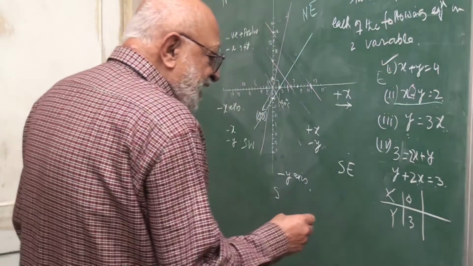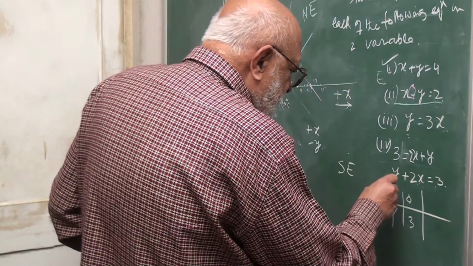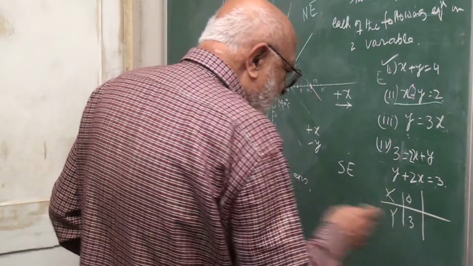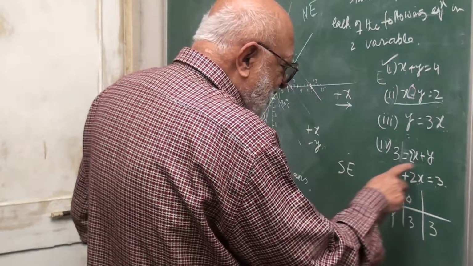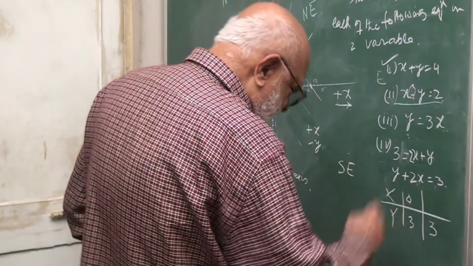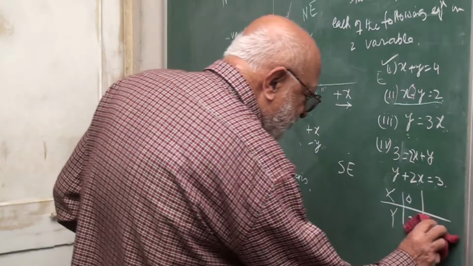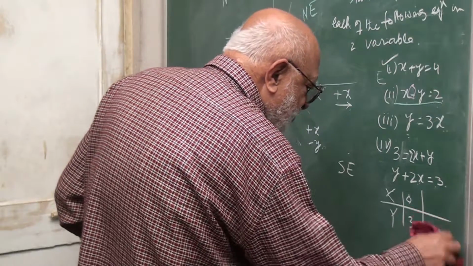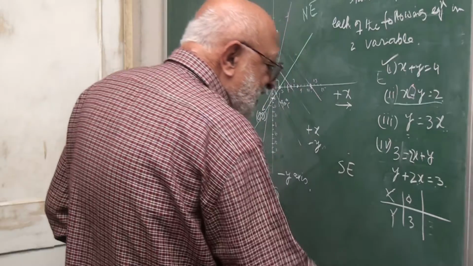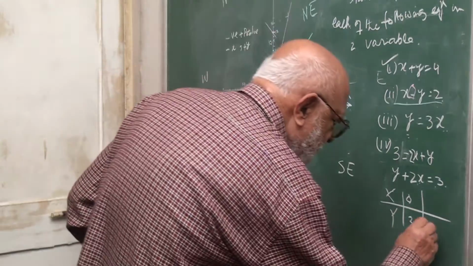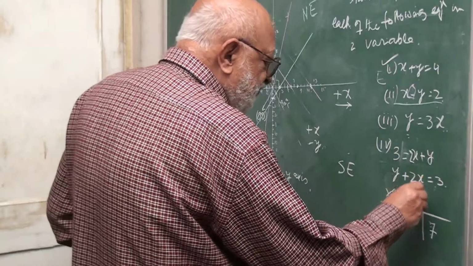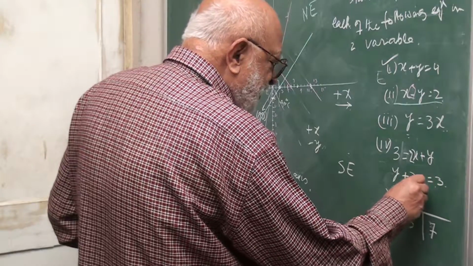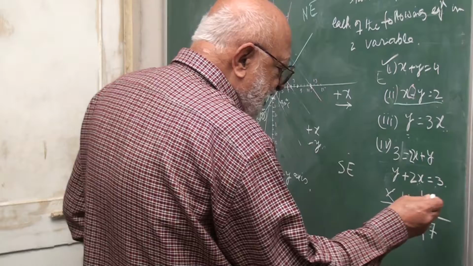Now, I will take something where I don't get a fraction. If I do 3 minus 3, that is 0, so x will be 0. That will not help me. I will take y equal to, let us say, 7. Then what do I get? 14. Again I get a fraction.